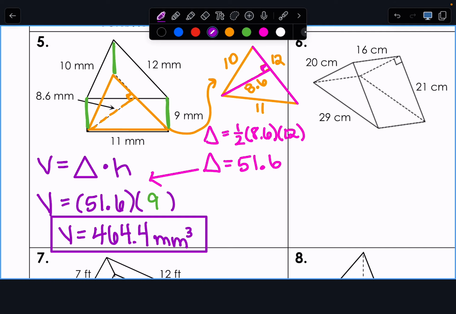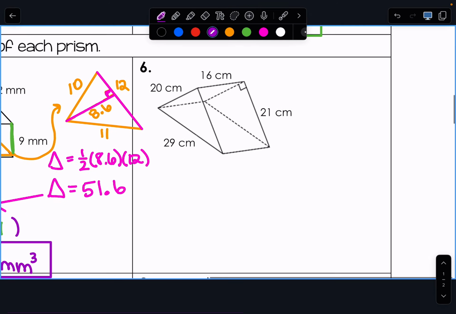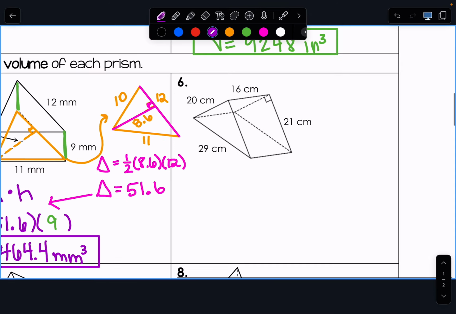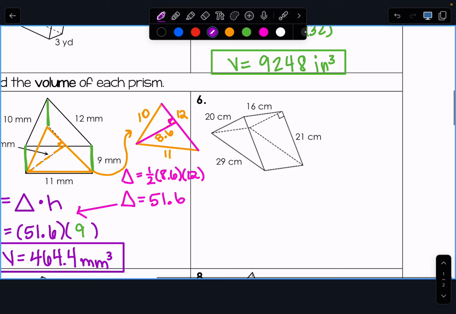Okay, so let's look at number 6. We're going to do number 6 together also. Okay, is this a triangular prism? Yes or no? Yes. So the volume is the area of the triangle times the height.